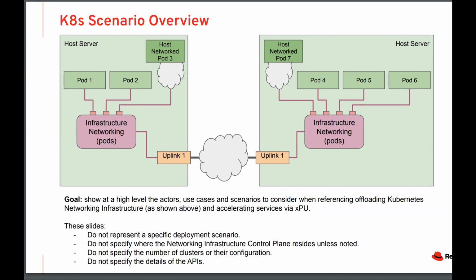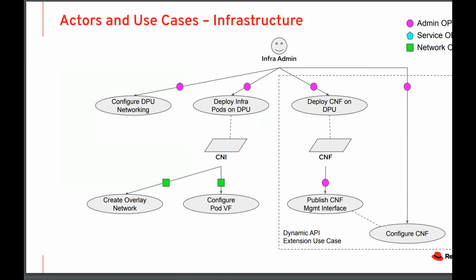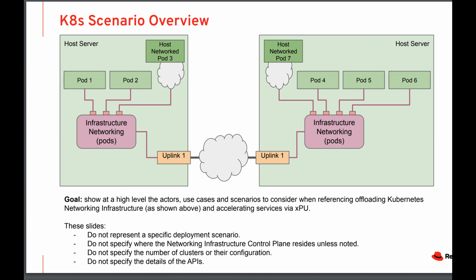So these are logical models. Don't get too hung up on arrows coming into a pod when they're not necessarily supposed to be, especially with the infrastructure networking. And so these are all Kubernetes. We can talk about it more generically, but what we are focusing on was Kubernetes at this point. So these are all supposed to represent some Kubernetes deployment scenarios. So Billy, does the CNI there live in the purple? Yes, that's kind of the thought.